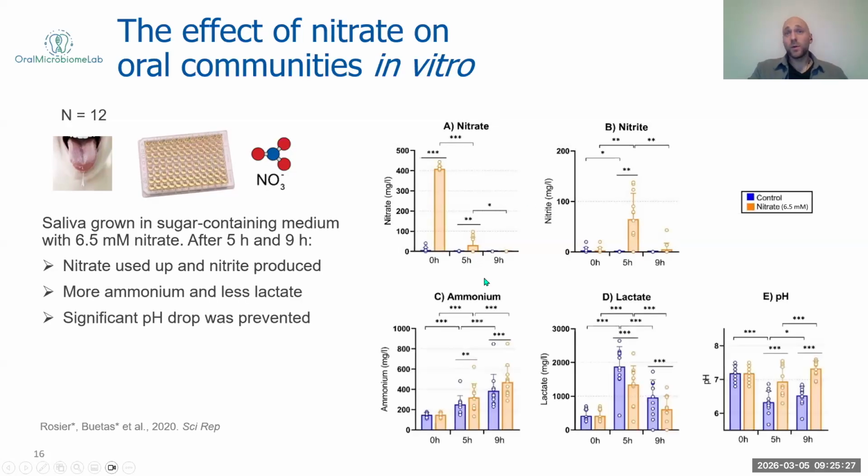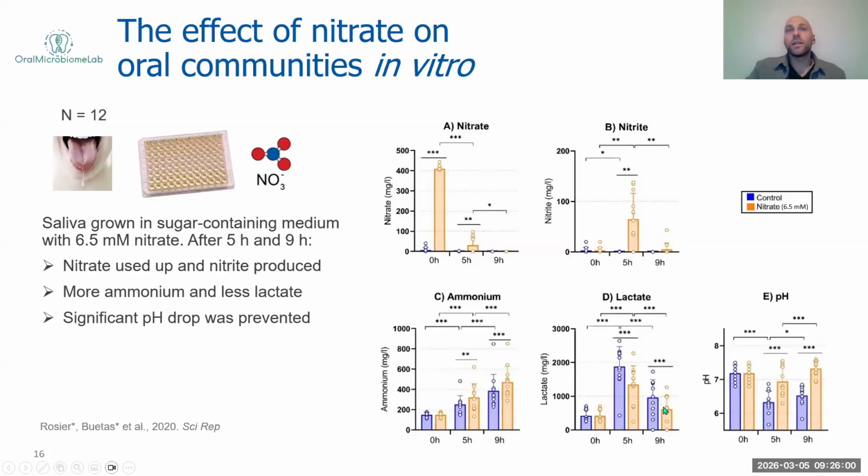We also looked at ammonium in the control condition without nitrate and the nitrate condition. And in both conditions, it increased after 5 hours and it further increased after 9 hours, but at both time points, it was higher in the nitrate condition. Lactic acid or its ion, lactate, increased after 5 hours and was partly consumed after 9 hours in both conditions, but it was significantly lower in the nitrate condition at both time points.